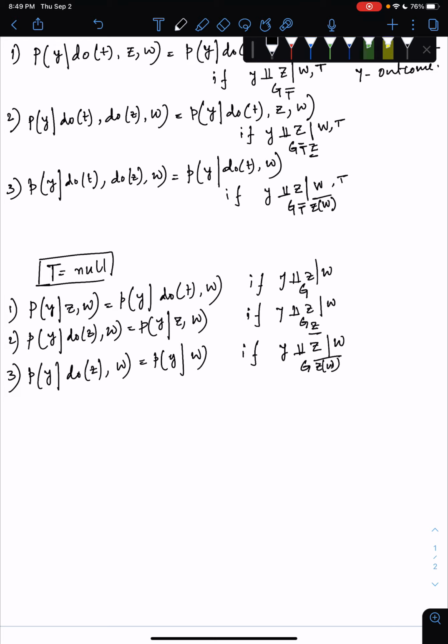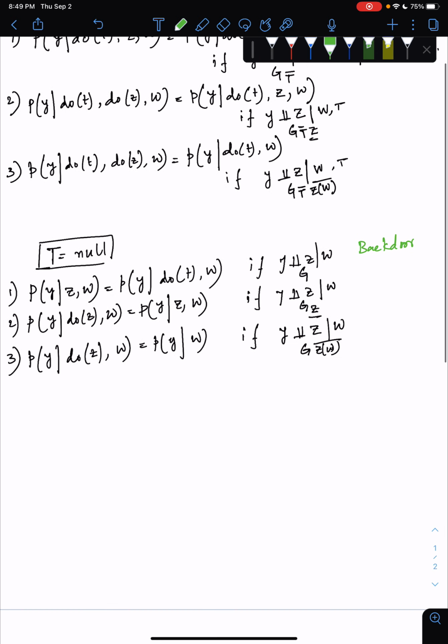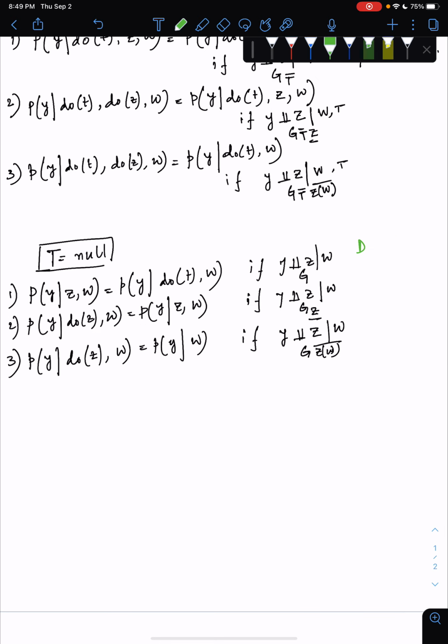So now, if you saw the lecture of Brady, again I'm reiterating the same fact. This rule is the generalization of d-separation.